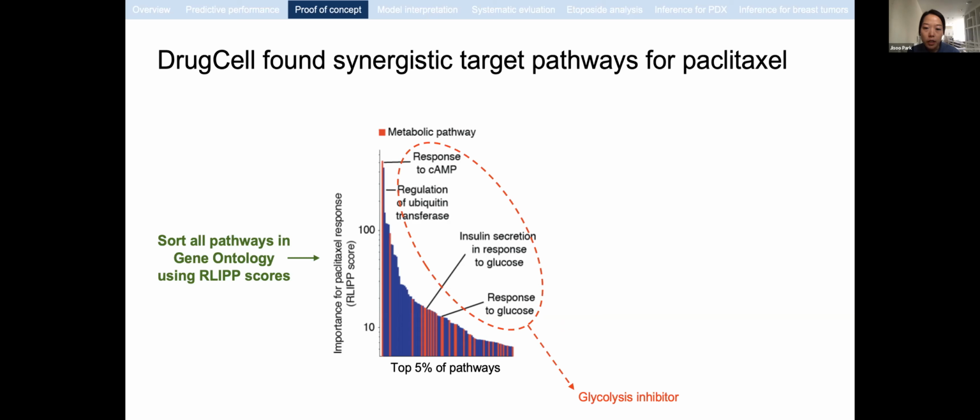So we examined the connection between paclitaxel and the metabolic pathway by treating the A427 lung cancer cell line with paclitaxel and a glycolysis inhibitor, 2-deoxyglucose, and compared the cell viability after treatment.